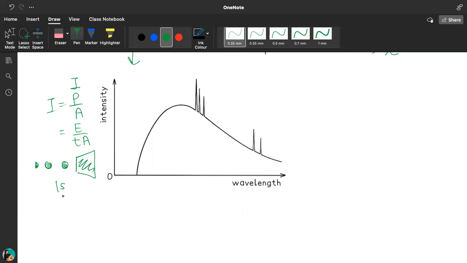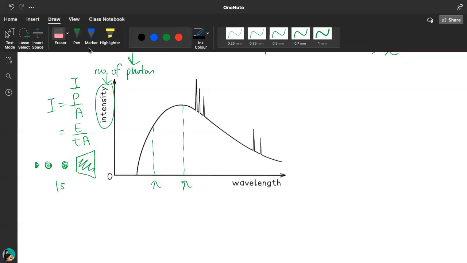So in some sense, I can think of it like the number of photons. The easiest way you look at this graph, avoid any confusion, just treat intensity as the number of photons. So it's like this wavelength, you have this number of photon being produced. This wavelength, you have this number of photon being produced.